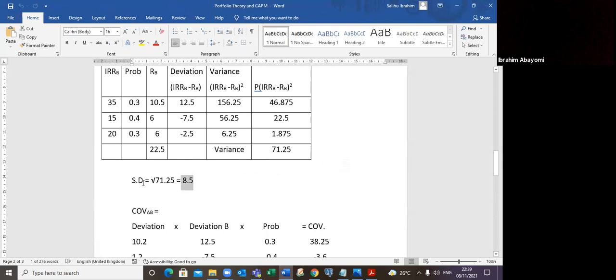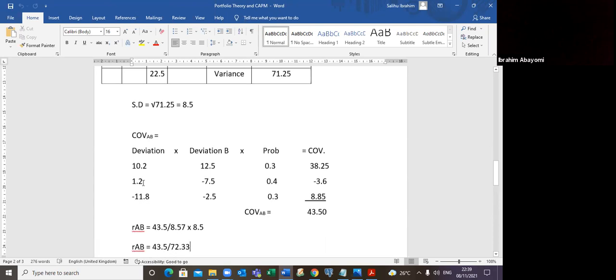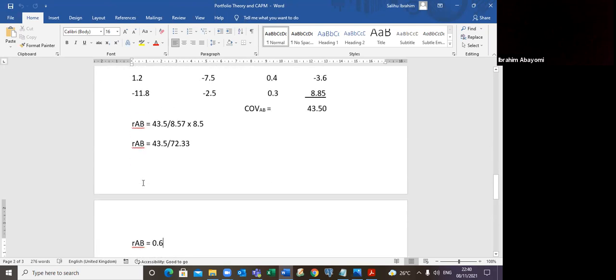So standard deviation of A and standard deviation of B we already have. Now, what about correlation? Do I have correlation before? No. The answer is no, isn't it?